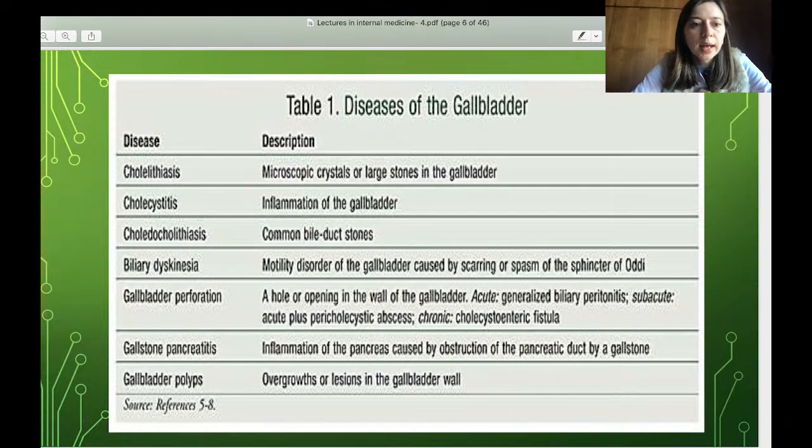Next disease, gallstone pancreatitis, is inflammation of the pancreas caused by obstruction of the pancreatic duct by a gallstone. And the last disease, gallbladder polyps. And what is it? Overgrowths or lesions in the gallbladder wall.